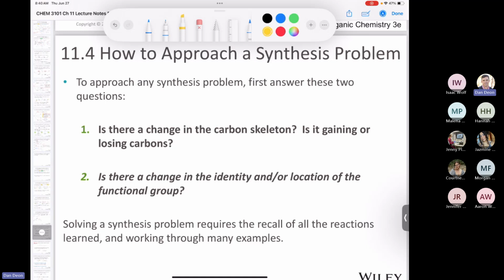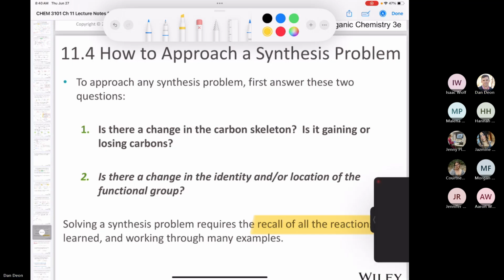And if you talk to somebody who works as an organic chemist by trade, like I did for a long time, and this is not a joke, I'm not making this up, there's something that all organic chemists call their toolbox, which is kind of like the nether regions of the brain, where it has all the reactions that they know, which is not every reaction, but would be a lot of reactions. And then they can recall those quickly, and then be able to apply them to a problem.